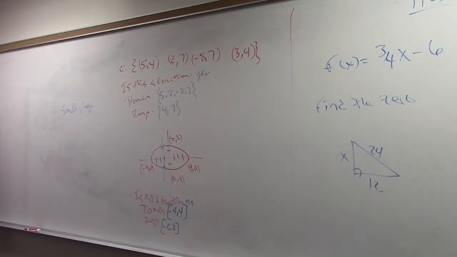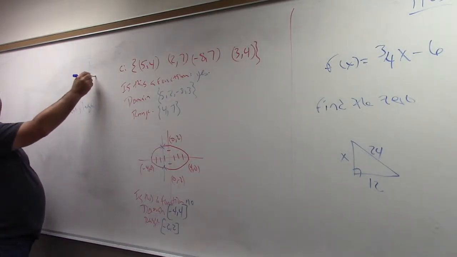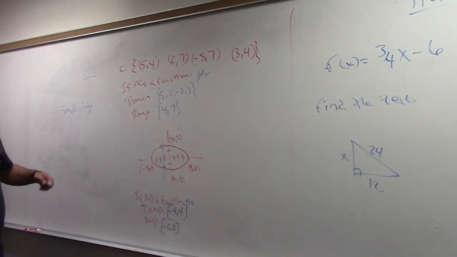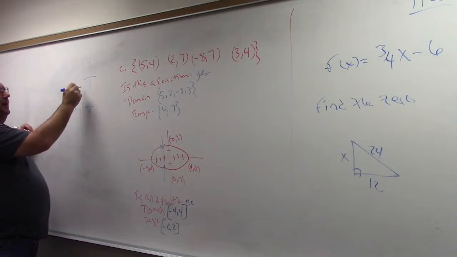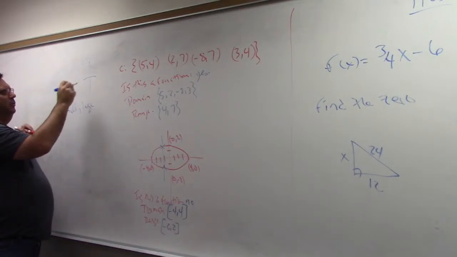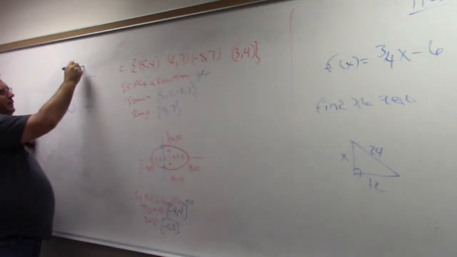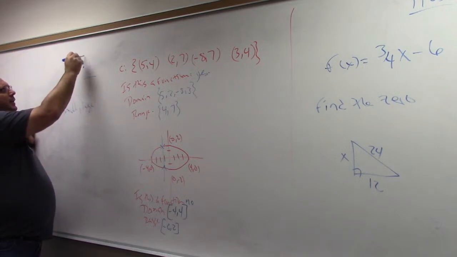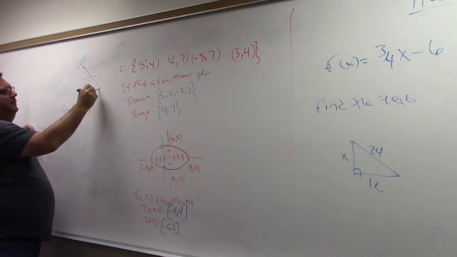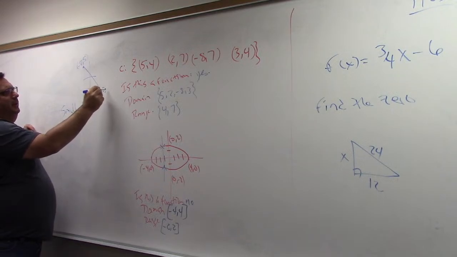Let's say for the range, bottom to top, the bottom is 3 and the top is negative 2. Is that even possible? No, you're right. Now what happens a lot of times is you'll see something like this: negative 2, 5, 3, negative 4.